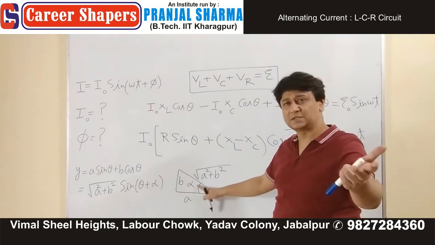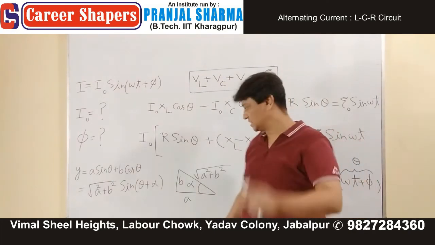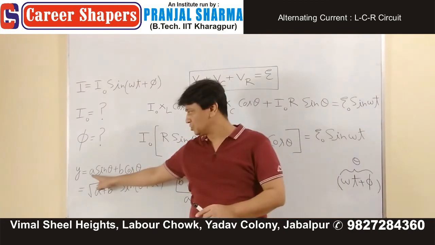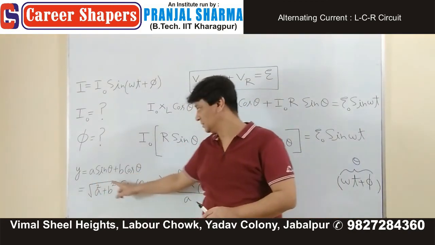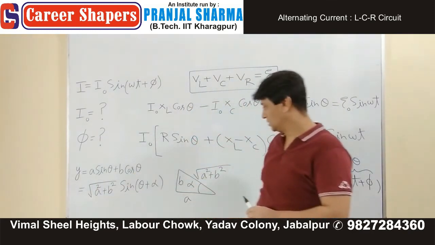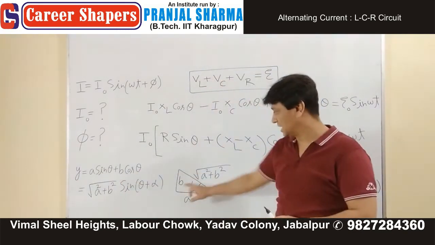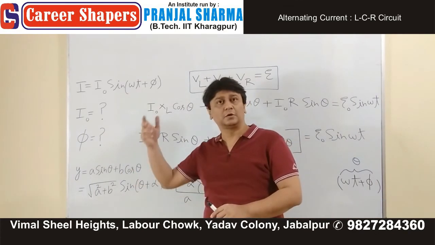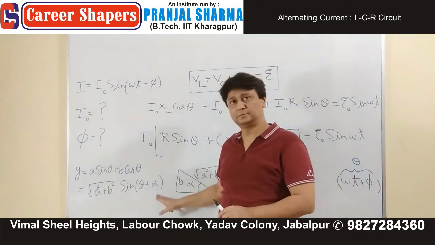I'm being fast, just remember this in case somebody is interested. What is cos alpha? A divided by root A square plus B square. If you divide this by root A square plus B square, it gives you sin theta cos alpha. If you divide B with root A square plus B square, this gives you sin alpha cos theta. So you got sin alpha cos theta plus cos alpha sin theta, which is this.